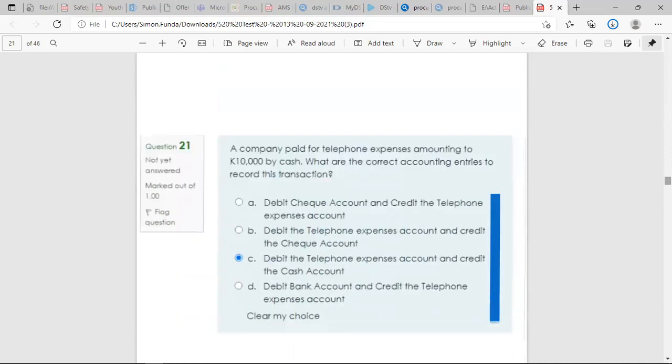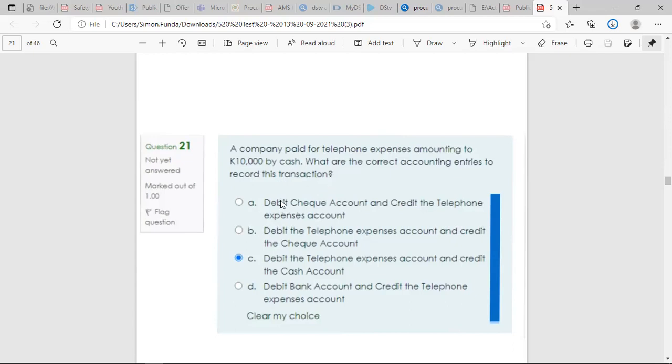Then number 21, a company paid for telephone expenses amounting to 10,000 by cash. What are the correct entries to record this transaction? Okay, so every transaction affects two aspects, has got two aspects.